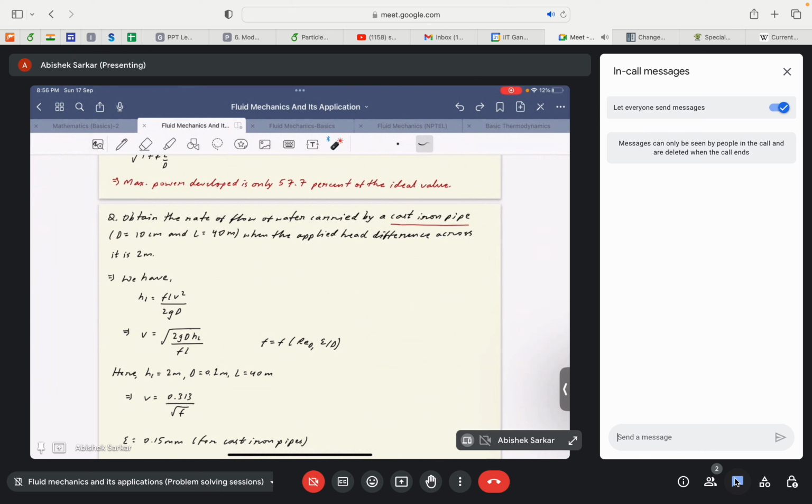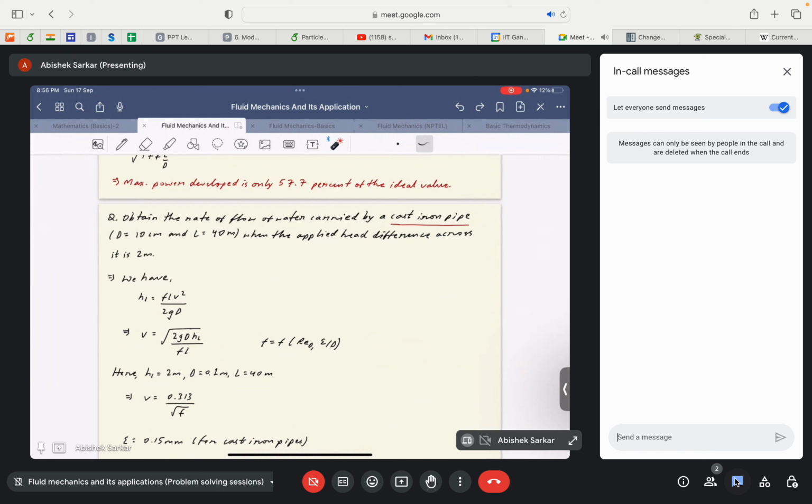But as an engineer or as a fluid mechanics student, it's usually not bad to have some idea of how the surface roughness varies from material to material.